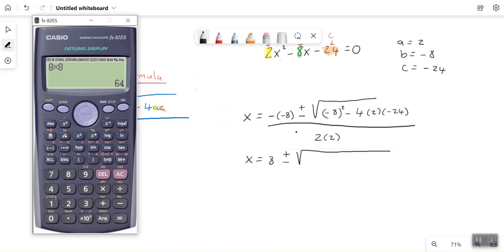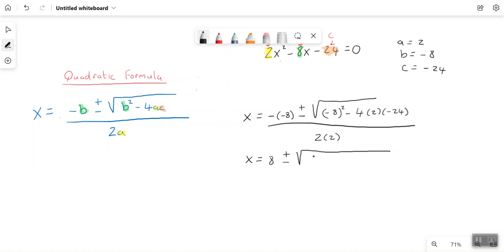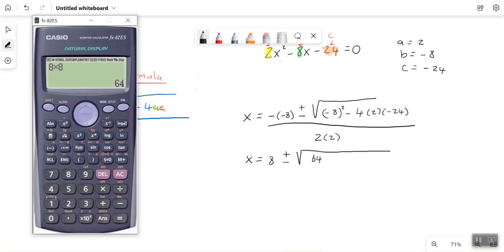So that's going to become 64. So then we have minus 4 multiplied by 2 multiplied by minus 24.